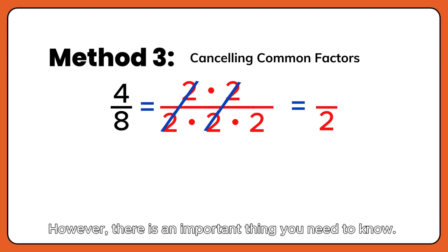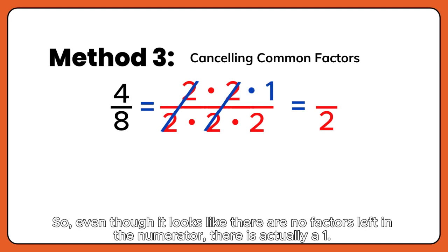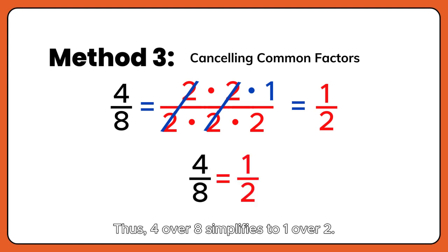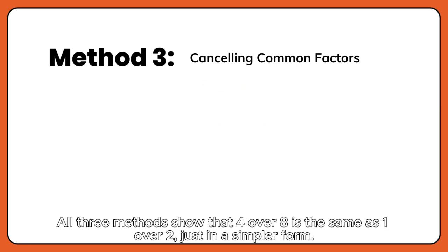However, there is an important thing you need to know. There is always a factor of 1. So even though it looks like there are no factors left in the numerator, there is actually a 1. Thus, 4 over 8 simplifies to 1 over 2. All three methods show that 4 over 8 is the same as 1 over 2, just in a simpler form.